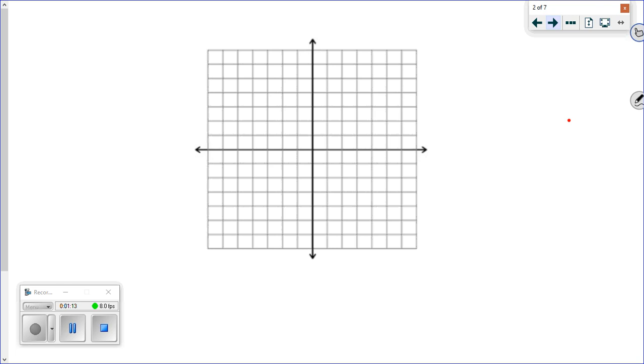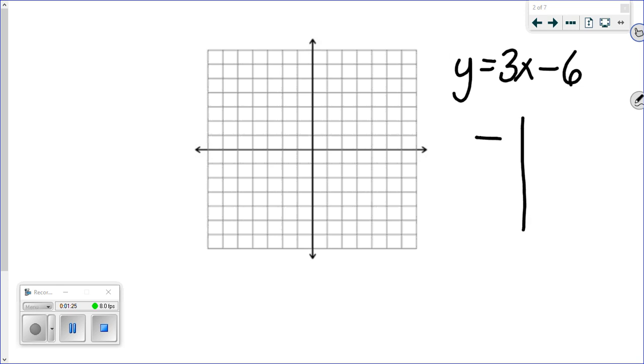Next, let's go through an example problem together. If I were to give you the equation y equals 3x minus 6, we would like to graph that line using the x and y intercept. So, please write what I'm writing on your note paper as well.